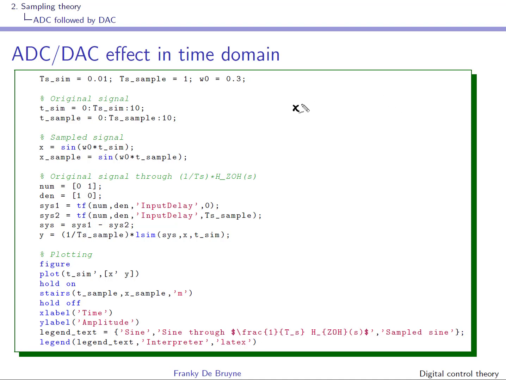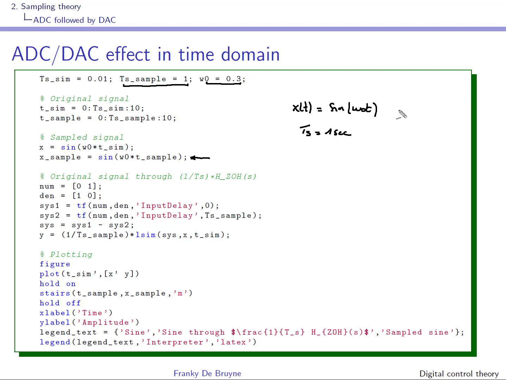We'll consider a signal x of t, which is the sine of omega 0 t, and omega 0 is 0.3 radians per second. Then we sample this signal with a Ts of 1 second. This is the sampling period, and this gives me the sampled signal.